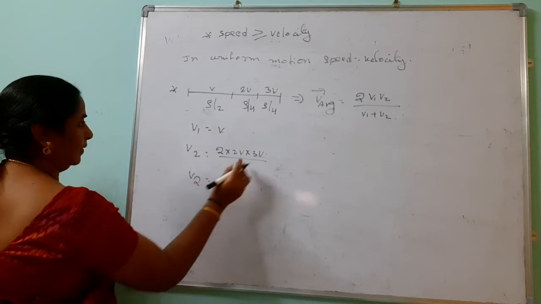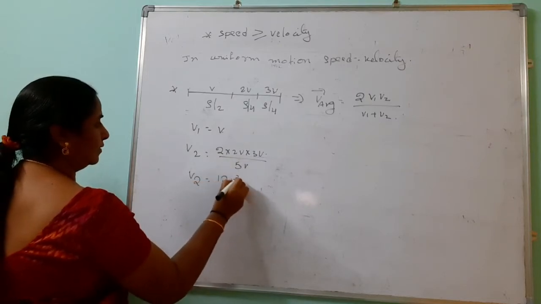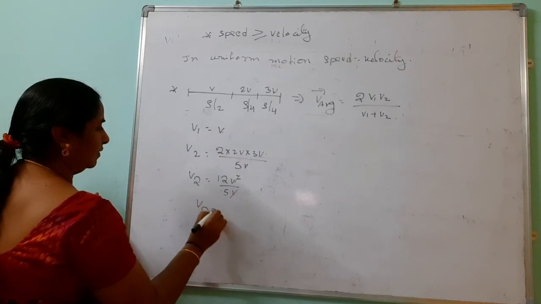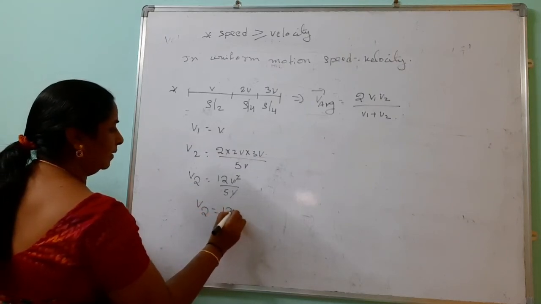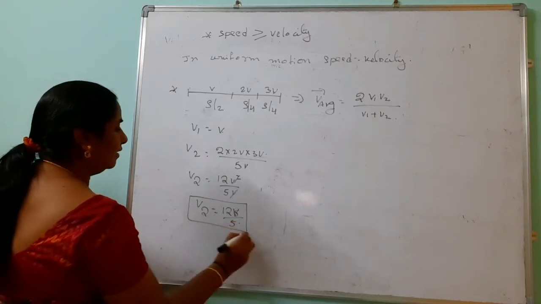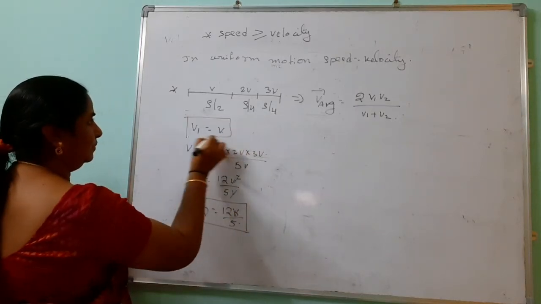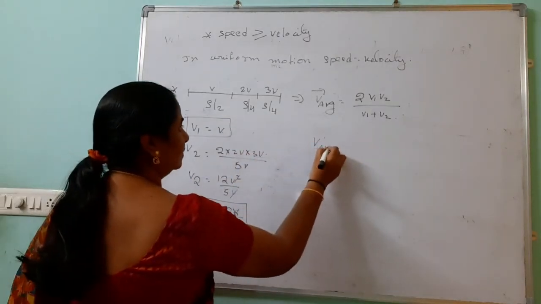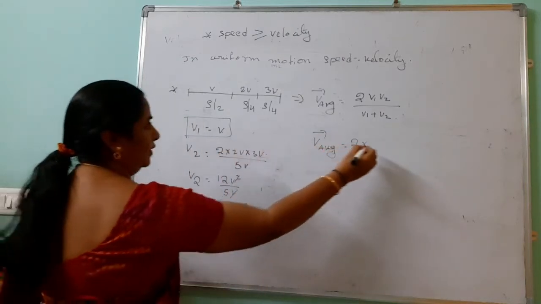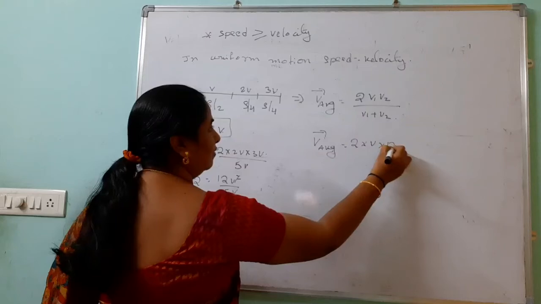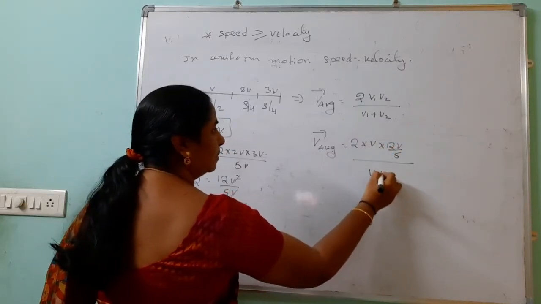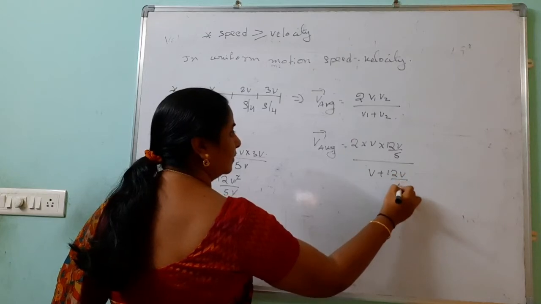Then we get 12v square by 5v, so v2 equals 12v by 5. Now we know v1 and v2. V average equals 2 into v into 12v by 5, divided by v plus 12v by 5.